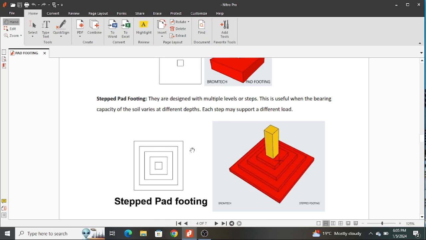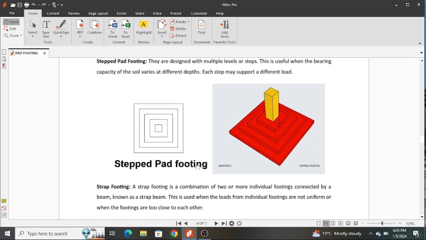Or sometimes, when you want to do an economical design, maybe the shear at a distance d from the face of the column is very high, so you might want to take care of that shear using a stepped footing. And all these are decided by the engineer doing design, but of course there must be governing laws as stated in the codes.